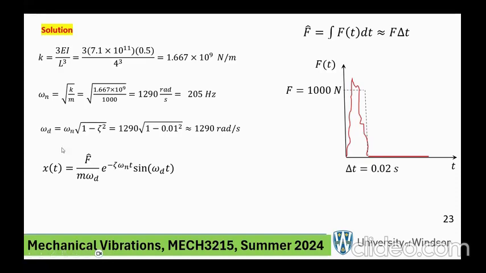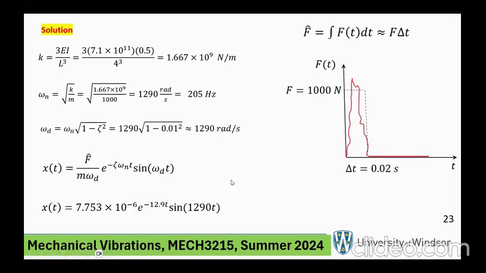This is the stuff that we did in the present lecture. So we can just plug in these values here. F hat divided by M omega D is going to give you this number, and obviously it's a decaying solution, and there is sine of the damped frequency here times t.